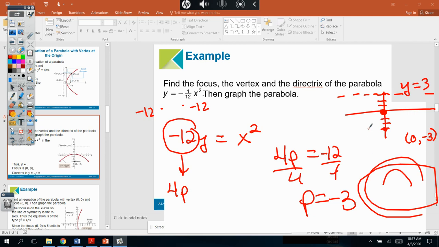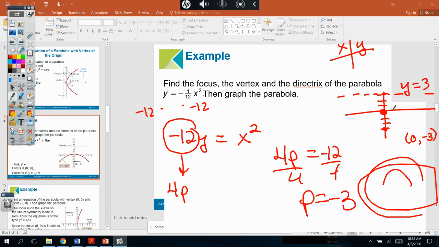And then to get the other points, what you would actually do is an XYT table. You could just plug in numbers that are nice. That's the worst part, the XYT table. But I think a lot of it will be multiple choice for you. If I plugged in, I don't want to plug in 1. Let's plug in 6.